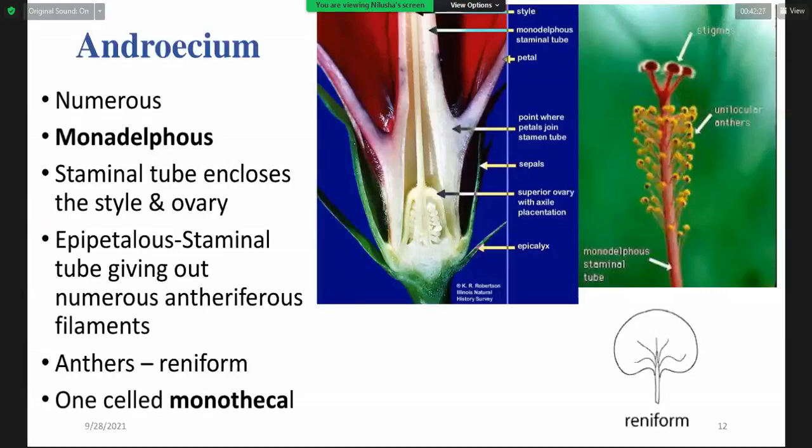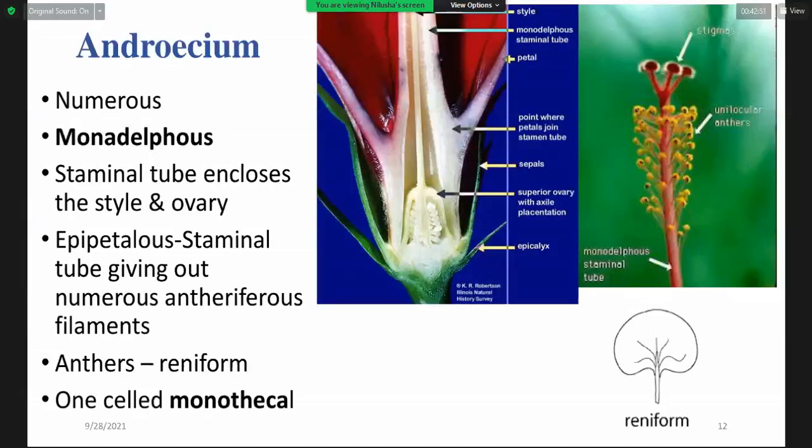And also the next character is that the staminal tube encloses the style and the ovary. In this cross section of the flower, you can see inside the style and the ovary. The style is enclosed by the monodelphous staminal tube.